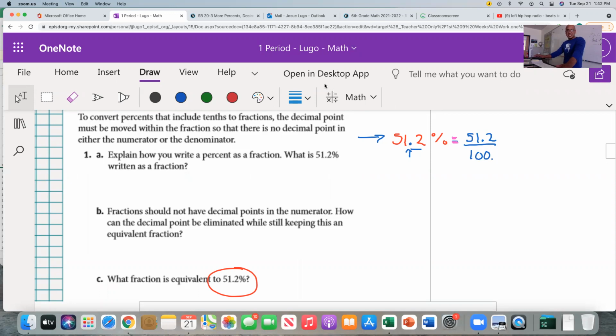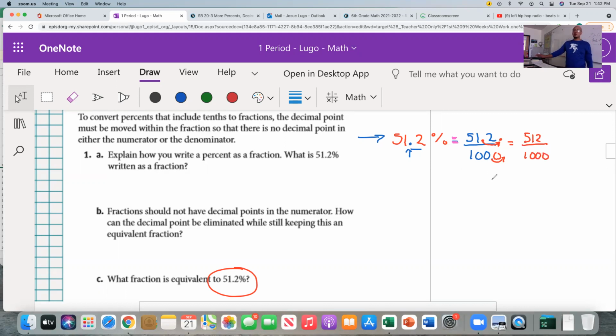Now, that's fine and dandy, but to begin the simplifying process, I need to grab that decimal and make sure that there's only whole numbers in the numerator. I only moved it once, and because I moved it once in the numerator, I have to move it one time also in the denominator. Had I moved it 2 times in the numerator, I would move it 2 times in the denominator. Had I moved it 3 times in the numerator, I would move it 1, 2, 3 times in the denominator and just add as many zeros as I need. This left me with 512 over 1,000.